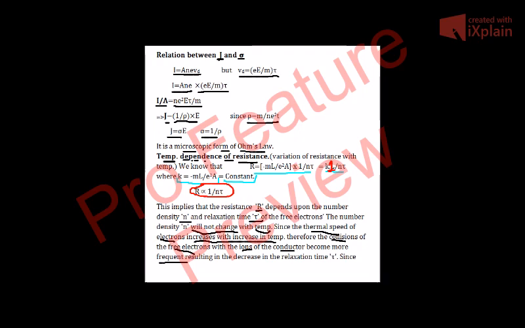Suppose the distance between ion A and ion B is 2 meters. If the speed of the electrons is increased, this distance will be covered in less time. That time is the relaxation time, so the relaxation time will decrease.